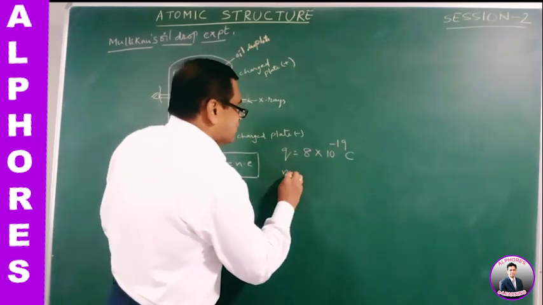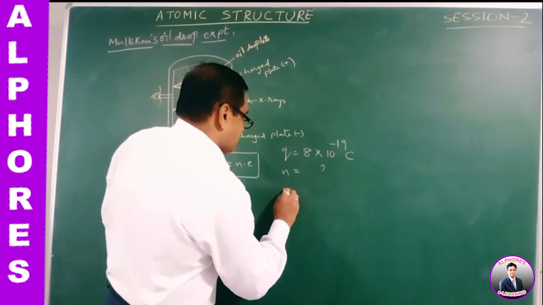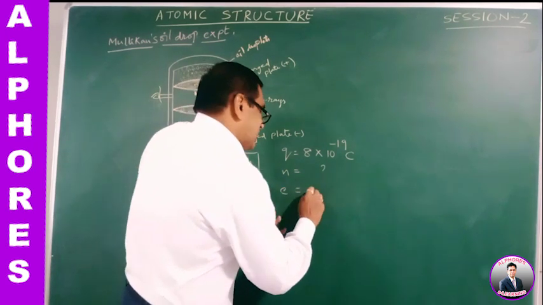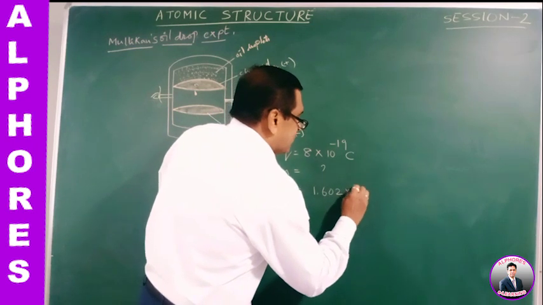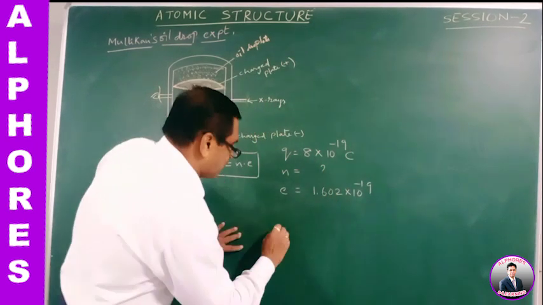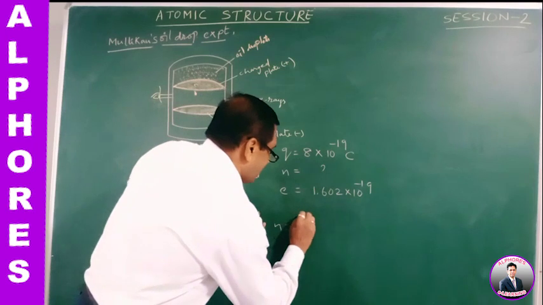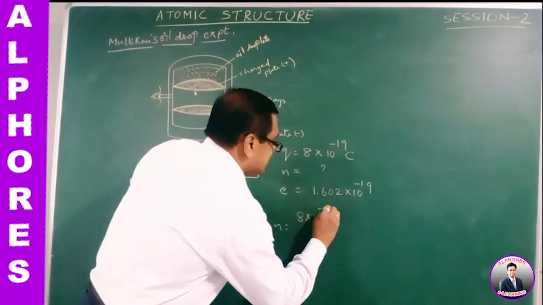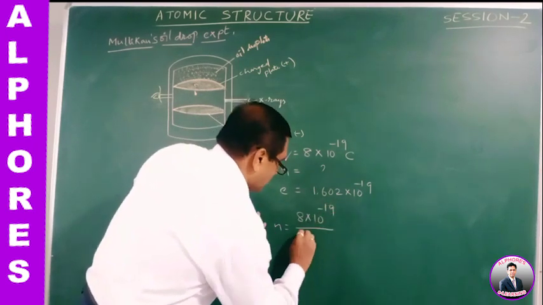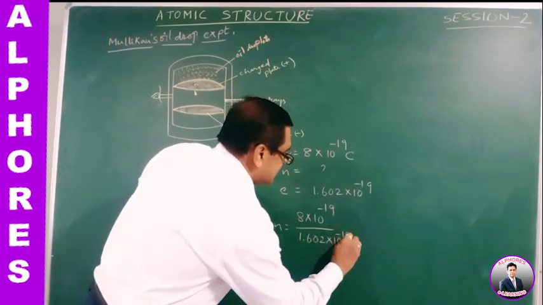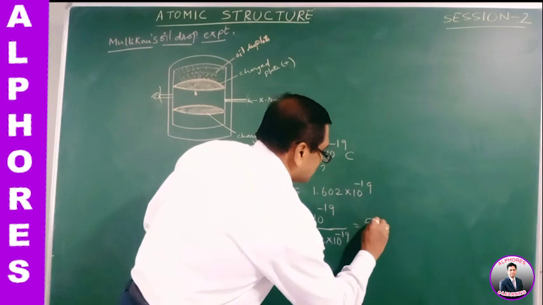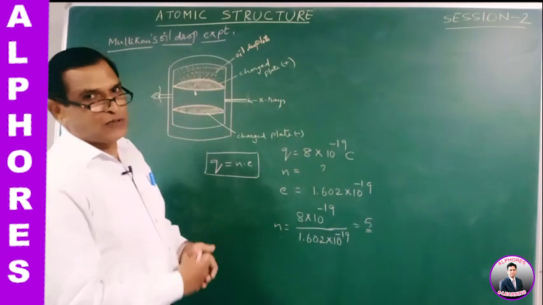How many electrons possess this charge? The electrical charge of the electron is the standard 1.602 into 10 to the power minus 19 coulombs. Therefore n is equal to 8 into 10 to the power minus 19 divided by 1.602 into 10 to the power minus 19, which is equal to the charge of 5 electrons.